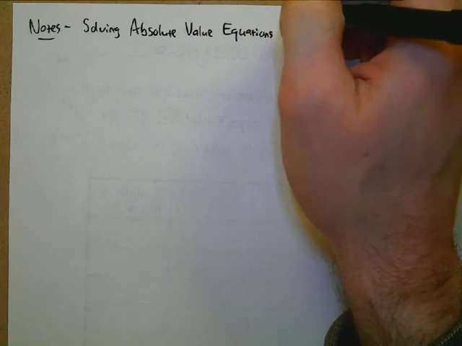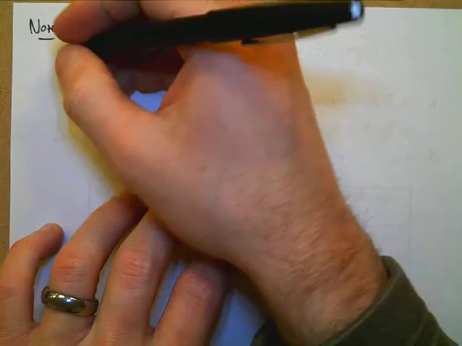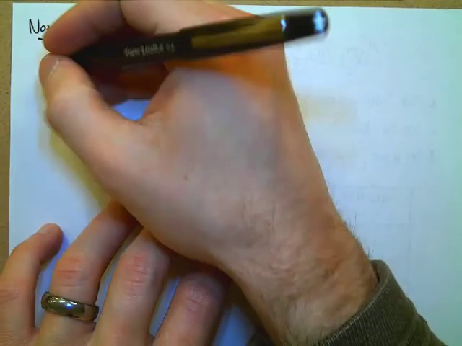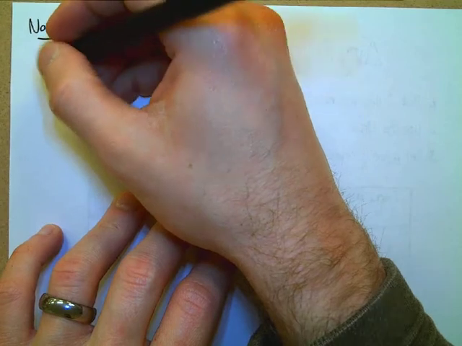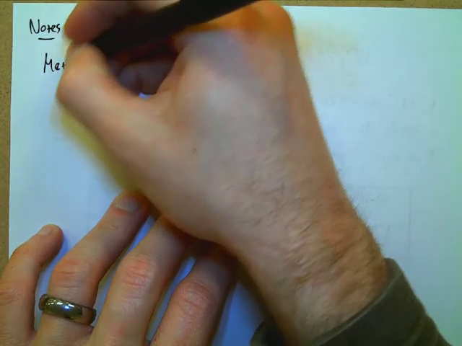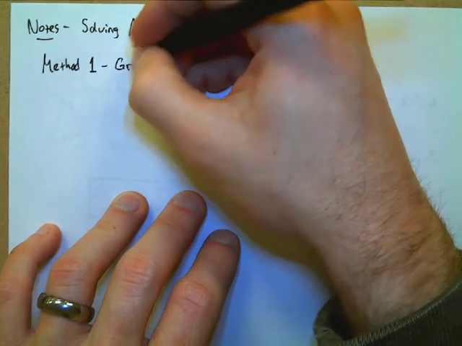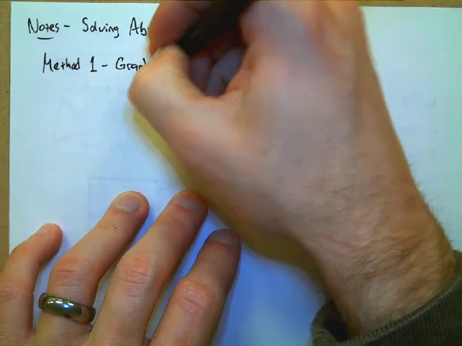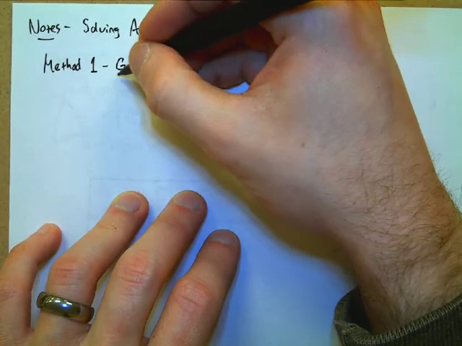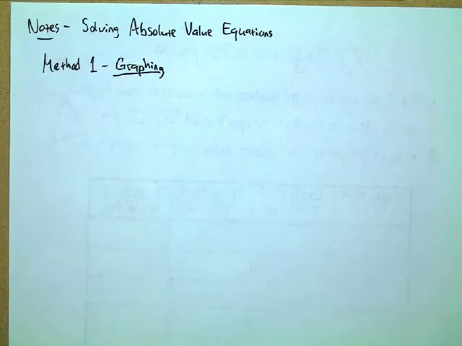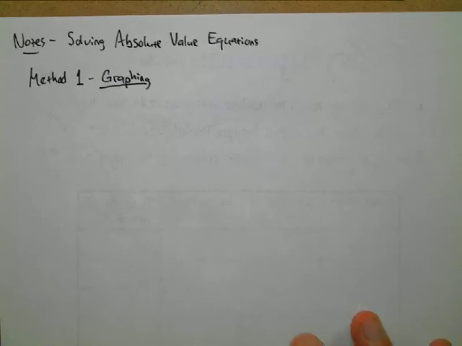All right, the first thing we're going to do here is, well, there's kind of two main methods we're going to use, okay? And the first one we're going to use is graphing. Okay? This is a method that we are going to be able to use for any equation that we ever come across.